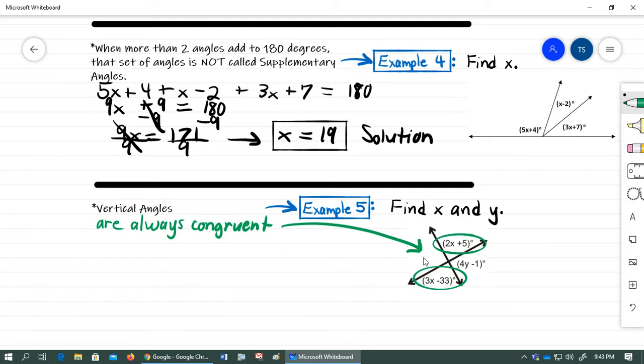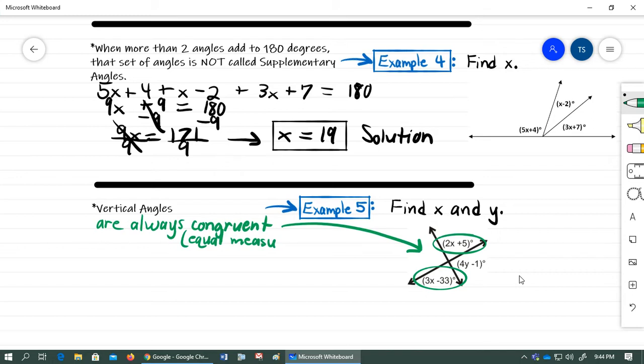So again, guys, vertical angles are always congruent. In this diagram, these two angles that I have circled right here are vertical angles. When we say congruent, we're talking about the fact that they have equal measures, or equal measurements.